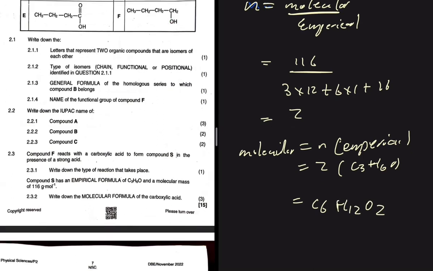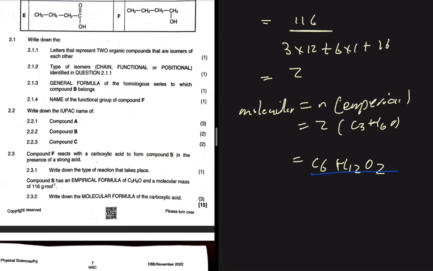The mistake I made initially, I determined this molecular formula that we have here, and then I just left the question as it is, right? If you look at 2.3.2, it is not saying that we shall write the molecular formula of the ester, right? But the molecular formula of the carboxylic acid. Here, this molecular formula that we determined is for the ester, right?